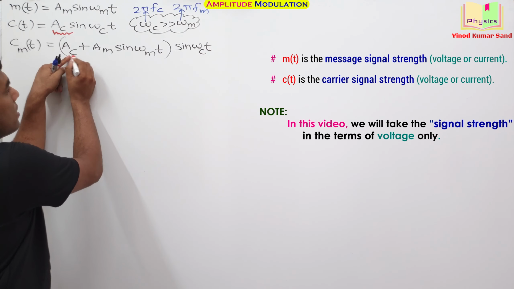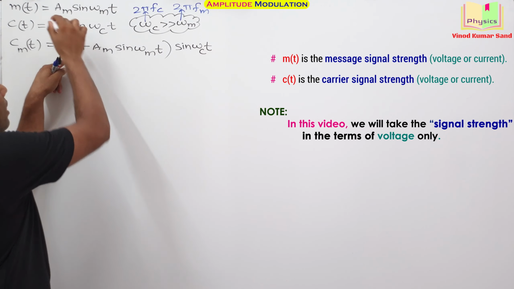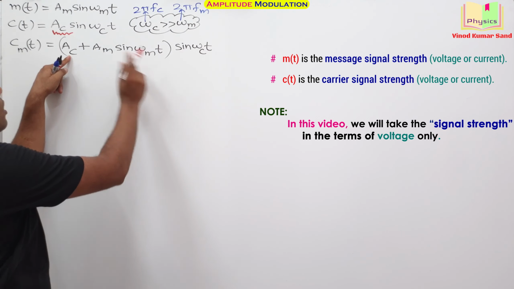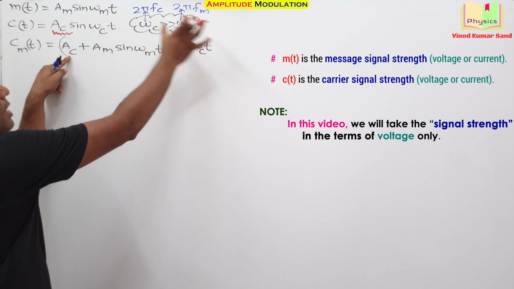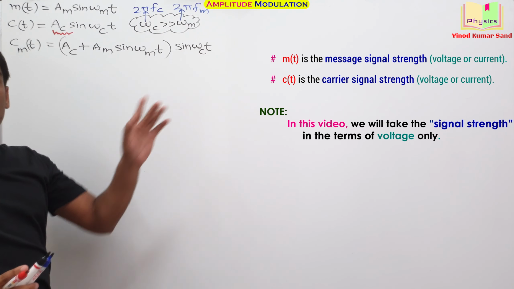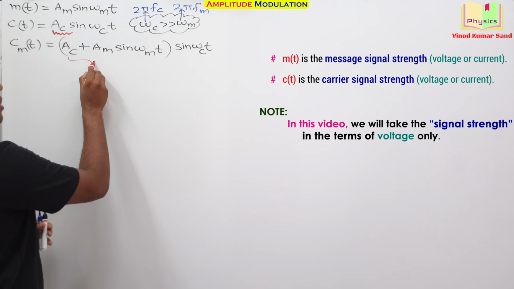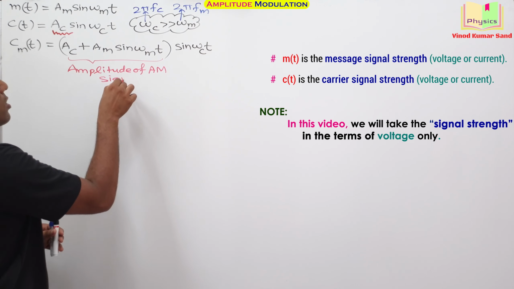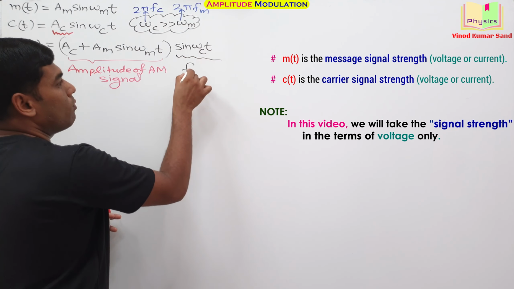It means Ac has been chosen as the reference and the amplitude of the carrier is varied according to the message signal. Okay. So in Ac, I am adding this entire signal and then sin(ωc t) is kept intact. This is the amplitude modulated signal. Got it? Here you can treat this as the amplitude of the AM signal and this will give you the frequency of the AM signal, fc.